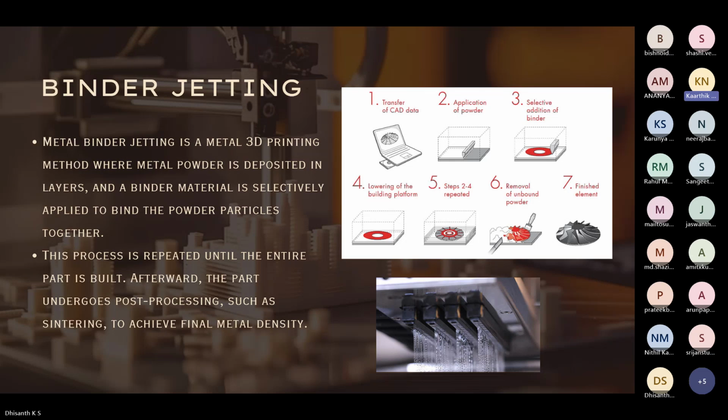Binder jetting. Metal binder jetting is a metal 3D printing method where metal powder is deposited in layers and binder material is selectively applied to bind the powder particles together. If you see the right hand side image, it is given step by step. First, after transferring the CAD data to the firmware of the 3D printer, the powder is applied, and then as a third step, selective addition of binder.